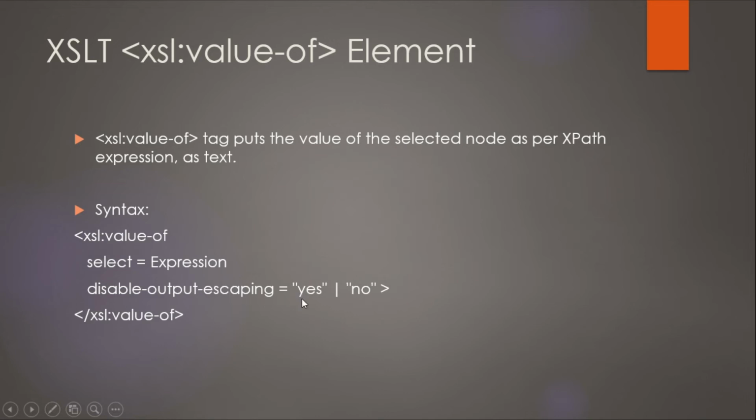The first one is select and the second one is disable-output-escaping. The select is the XPath expression to be evaluated in the current context. For disable-output-escaping, the default value is no. If yes, the output text will not escape XML characters from the text.